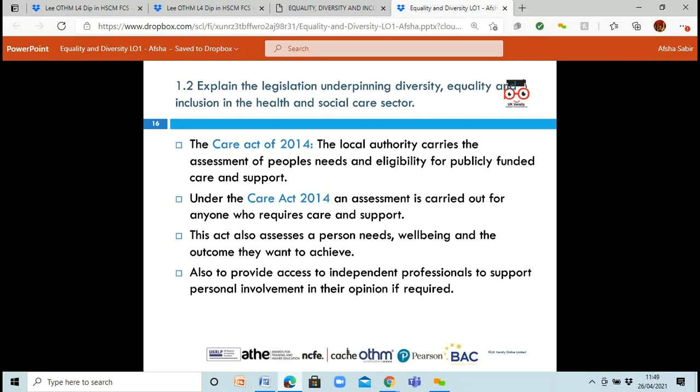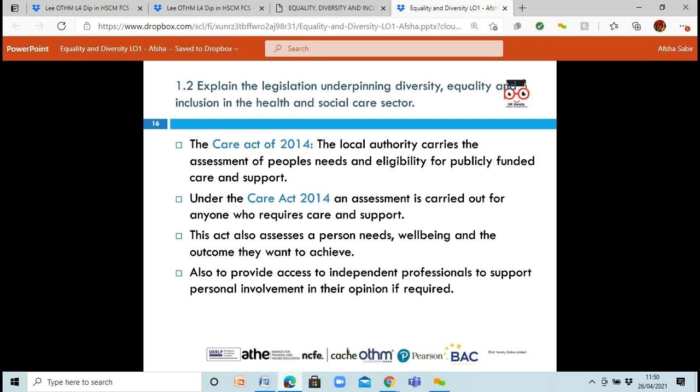They'll assess a person's needs, their well-being, and also they'll speak to the individual as well. It's not just about somebody coming into your life and saying, we're going to do A, B, and C. It's your choice as well. What can you realistically do? How can you realistically support yourself or support the person, and are the things that the health professionals are saying to you doable?